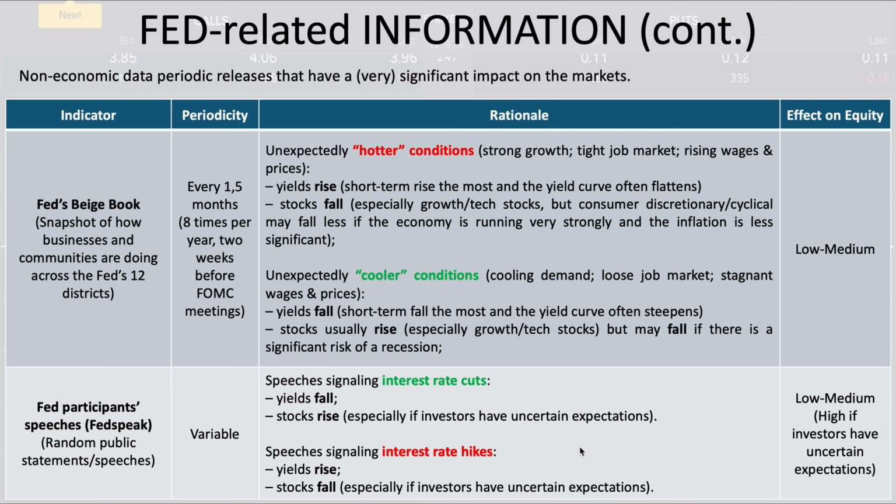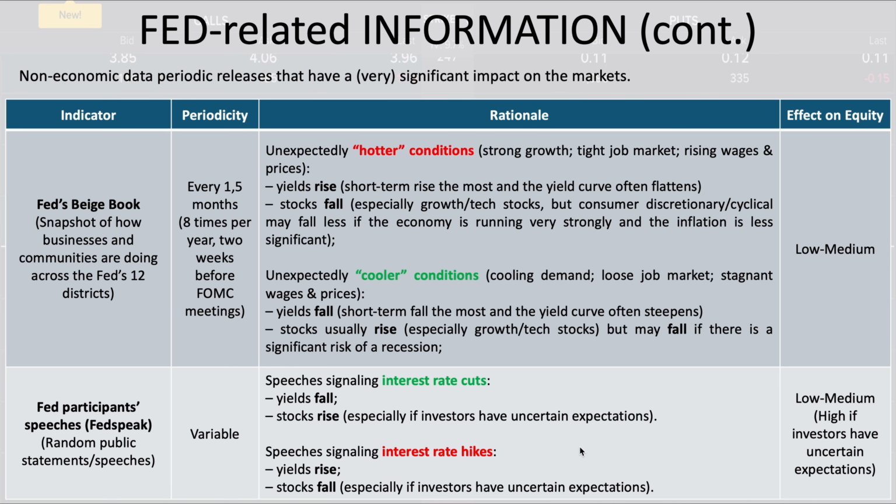Now, again, it's less clear-cut, but if there are hotter conditions, so very strong business growth, the job market is very tight, there are rising wages and prices. Usually, of course, with yields, it's straightforward, they tend to rise. Stocks may fall, especially the growth tech stocks, because of the higher likelihood of increasing interest rates.